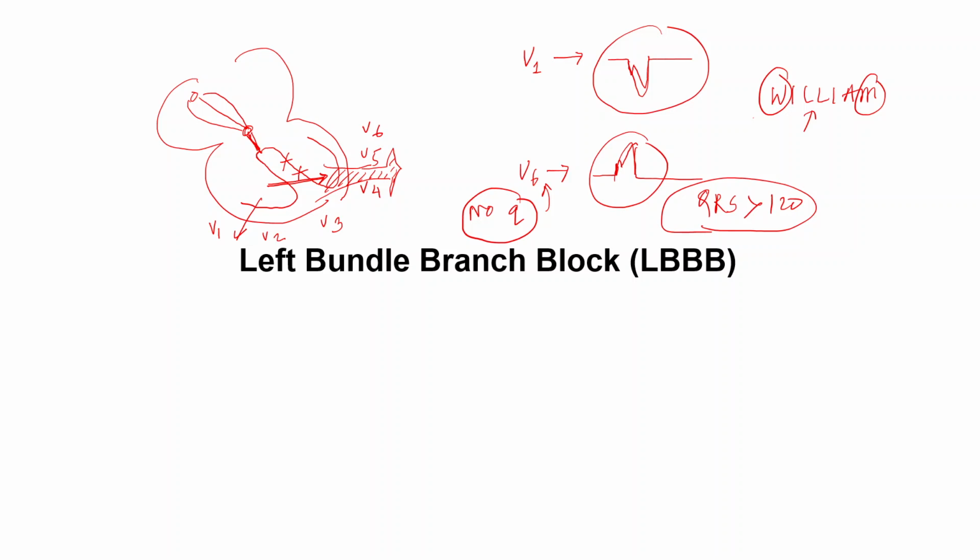Because it happens from left to right, in the lateral leads like V6 you get a small Q wave. But in this case, because the septal depolarization is happening from right to left, you are not getting a negative wave in the lateral lead V6. So, absent Q. This point also we have discussed previously.